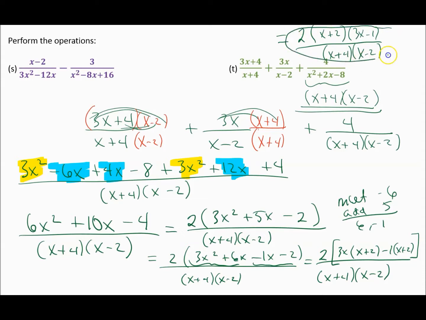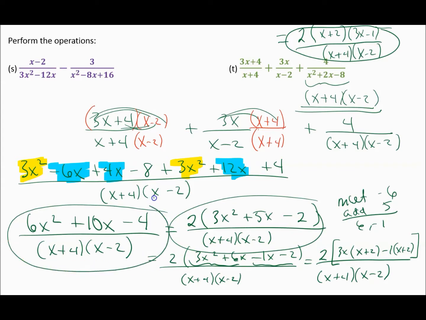So this is an appropriate answer, but even way back here is an appropriate answer, and even here is an appropriate answer, because when we factored, nothing canceled out. So all of those would be correct answers because nothing canceled. But the thing is, if something did cancel, like if both of these happen to be x plus 2, you would have to go through that trouble to find out.